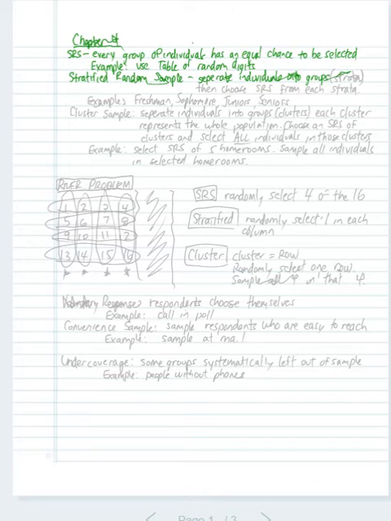And another word for groups is strata, and that's where the term comes from. Now once you have them separated into groups, you then choose an SRS from each group, or from each strata, I'll say.